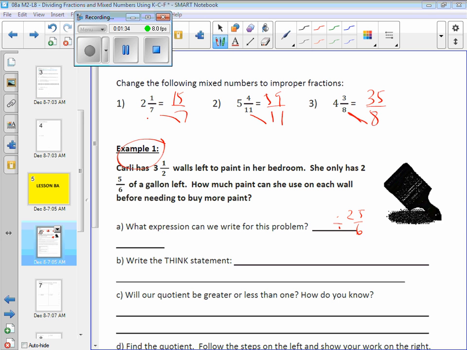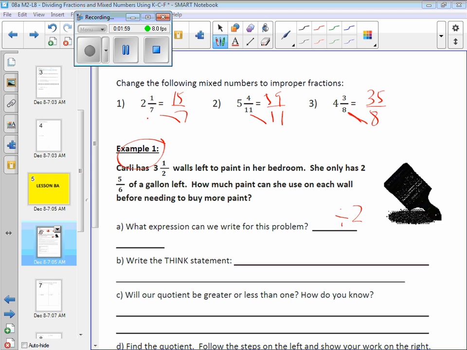Alright, so we have this 2 5/6 being divvied up and divided into, wait, no, I have it reversed. The thing that's getting divided is the paint.